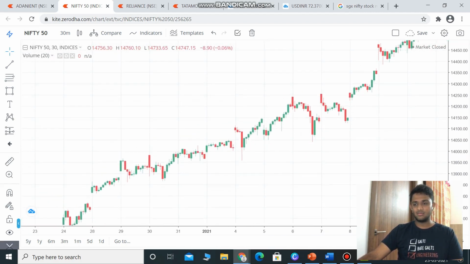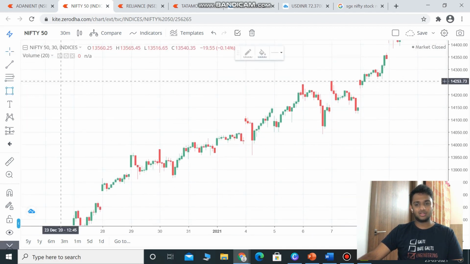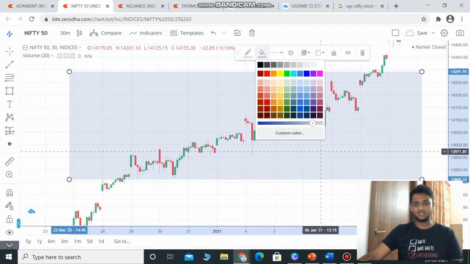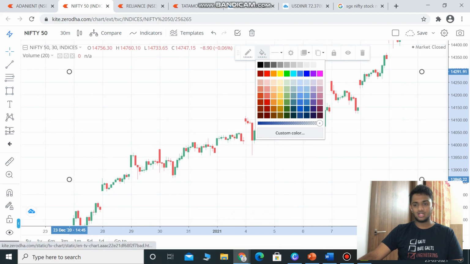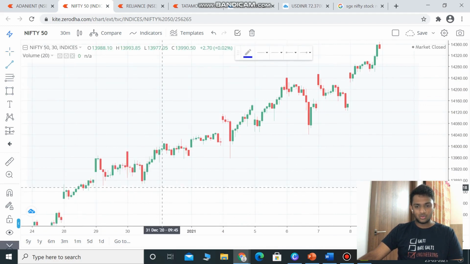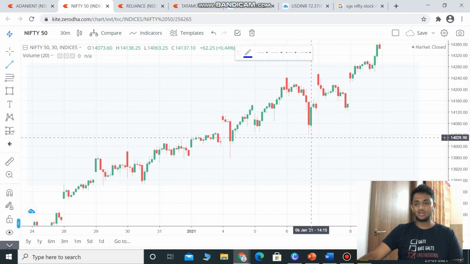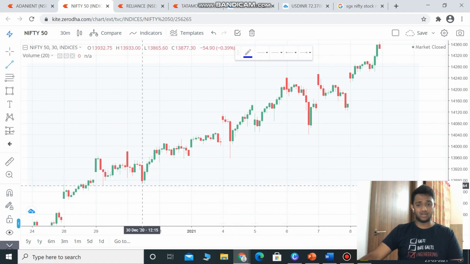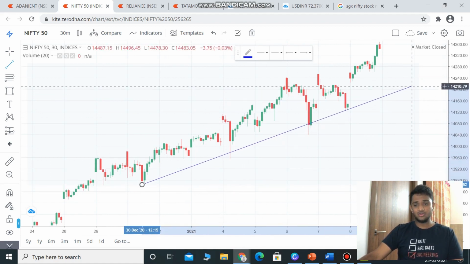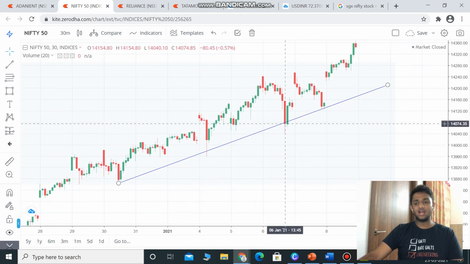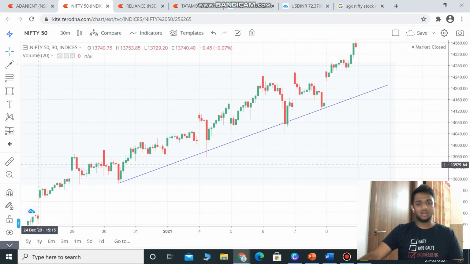If you consider this box, you can find there is a good support here, good support here, good support here, good support here, where people are buying at this moment. So this is how you draw a trend line. This is called an uptrend, right? This is called an uptrend.